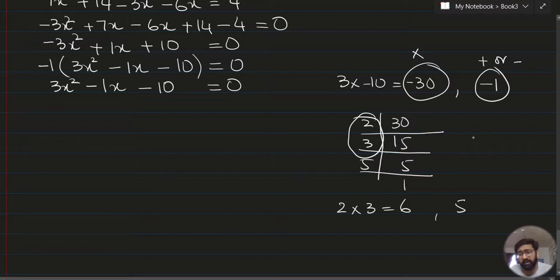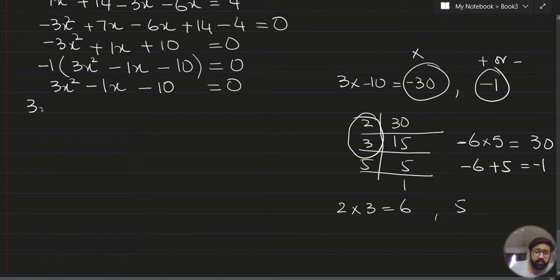So if I multiply 6 and 5, it is definitely going to give me 30, but I need a negative 30. So what are we going to do? Negative 6 plus 5 is going to give us minus 1. So the negative sign is supposed to be with the 6. The remaining things are going to be written as it is.